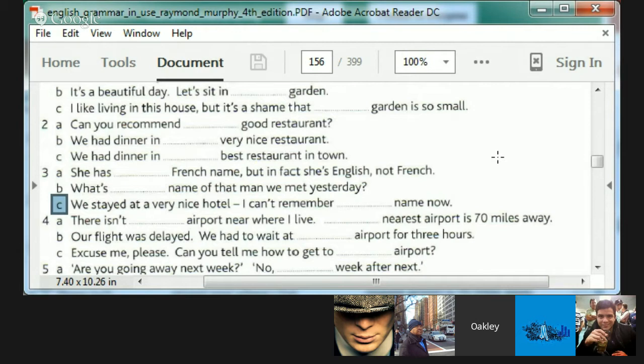This is very similar to expressions like the number of people, the amount of liquid in the bottle, because we know there is a specific amount or number. Maybe we don't know exactly what it is, but there is one. Anyway, that's the idea. So we have to use the in those cases.